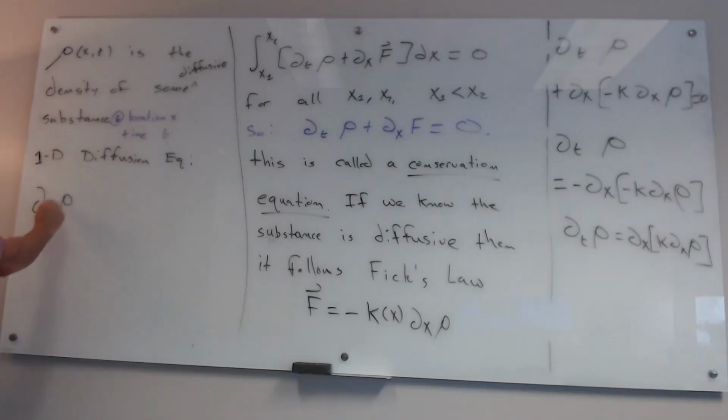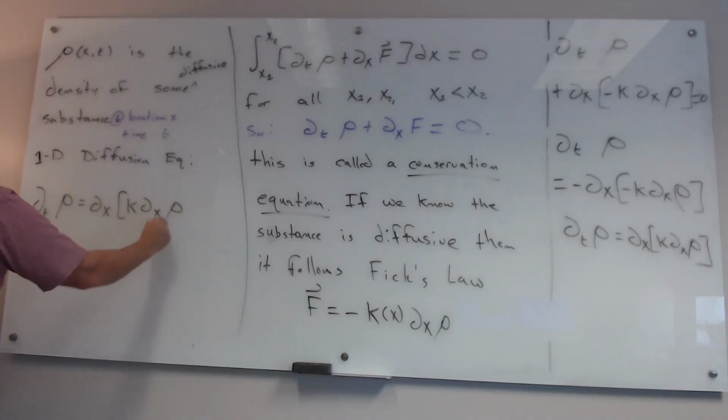The t derivative of rho is equal to the x derivative of k times the x derivative of rho.